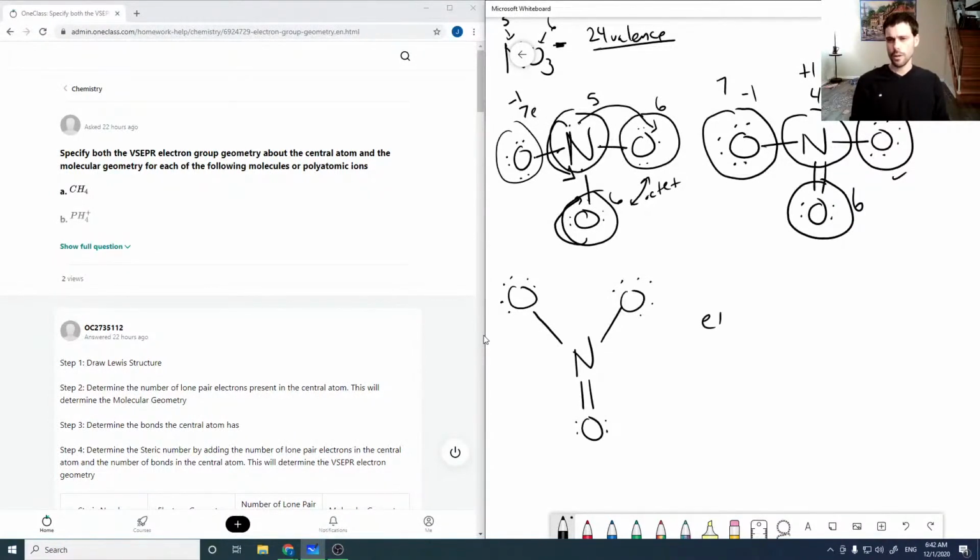Our electron geometry is AX3 because there's only 3 bonded partners, and so that's trigonal planar. And our molecular geometry is also AX3, so trigonal planar.